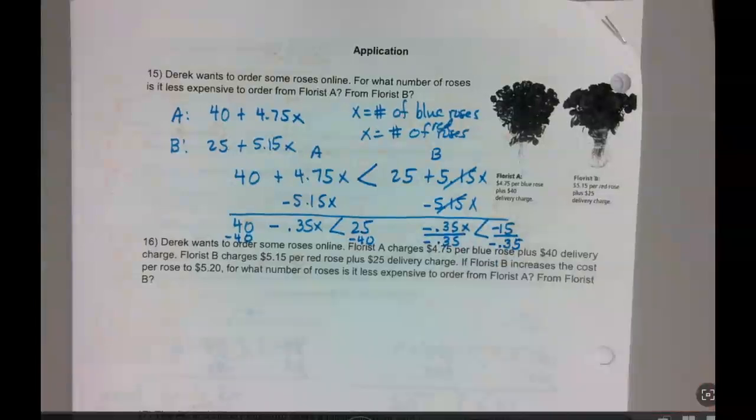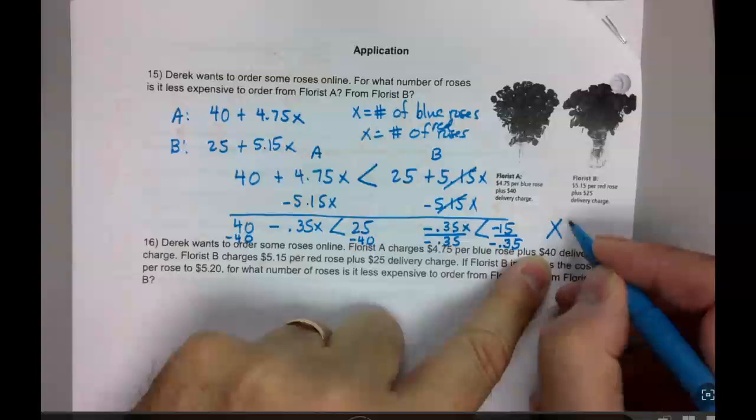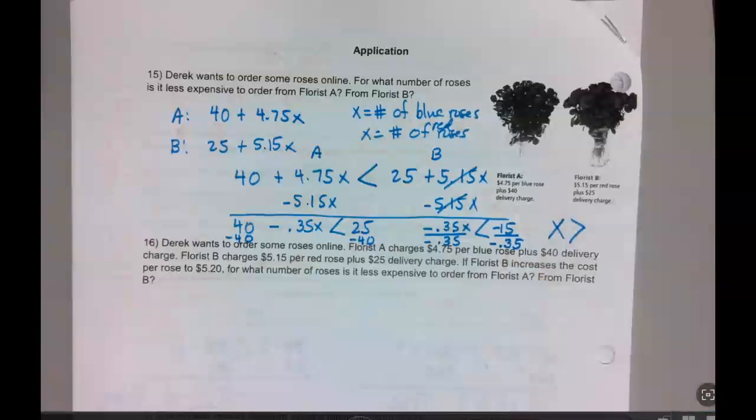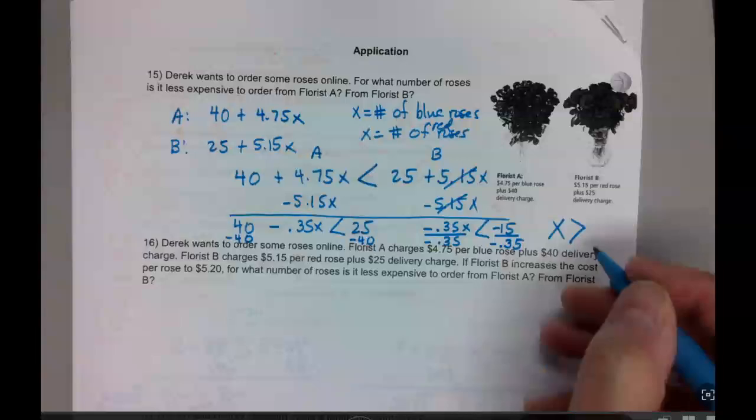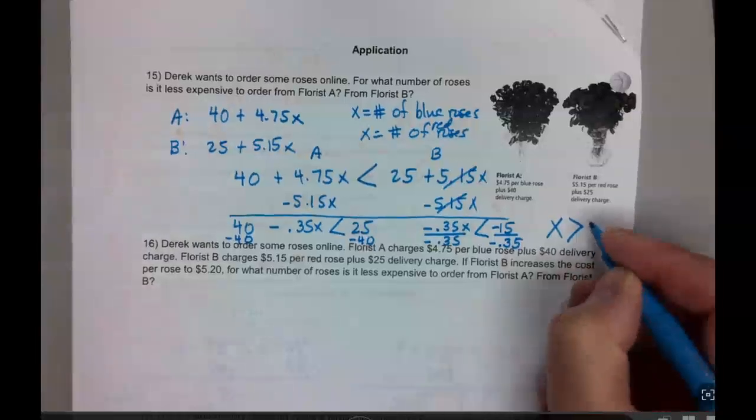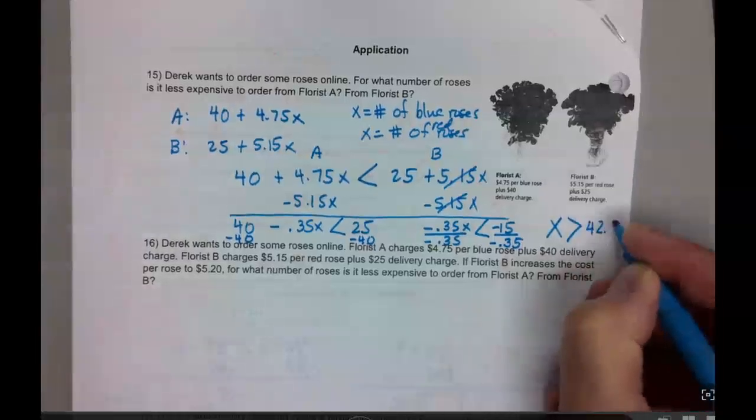Everybody see where I'm at? I have to reverse the inequality. So in your calculator, take negative 15 divided by negative 0.35 and tell me what you get. X has to be greater than what, about 42.9, correct?